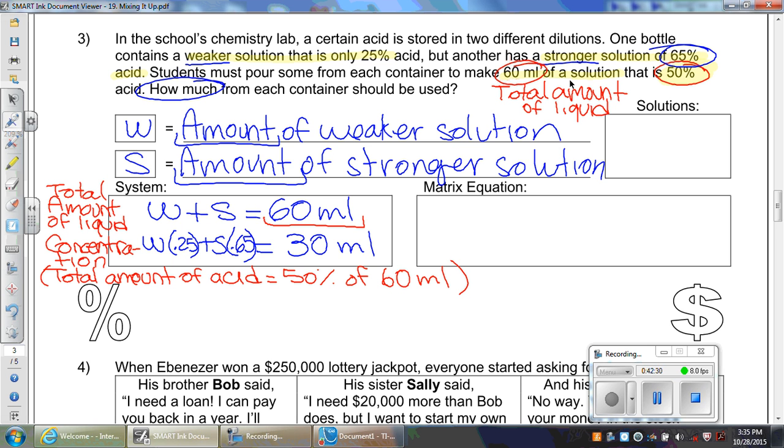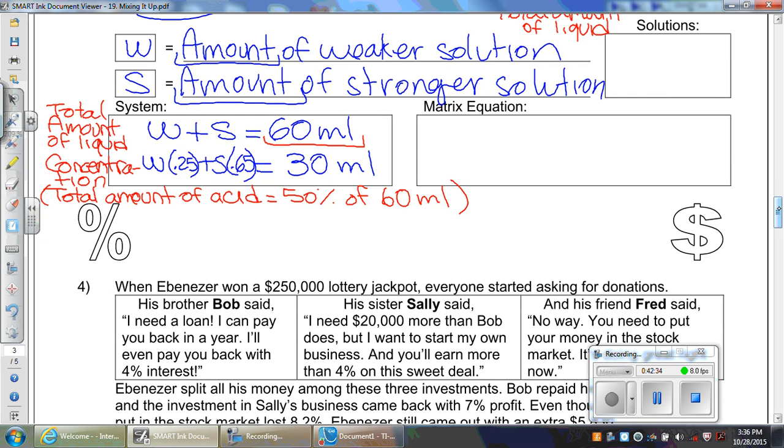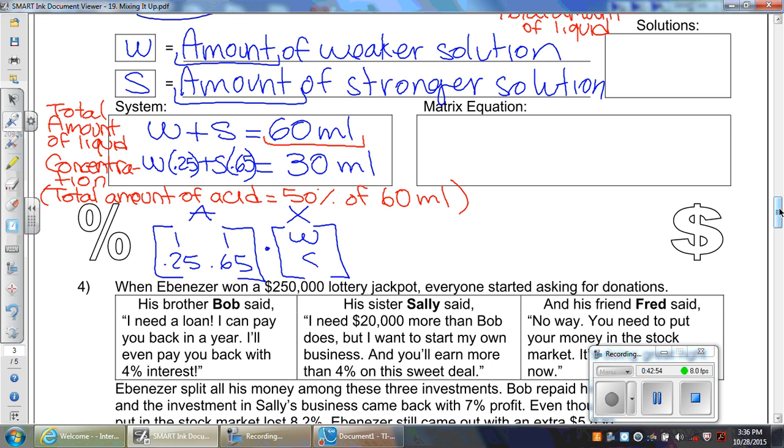Now, I want us to solve this system by using the inverse method. And remember for that one, because we need to review both. We need the coefficients first, and that will be 1, 1, 0.25, 0.65. Our variables are W and S, and that is equal to the constant terms, which are 60 and 30.